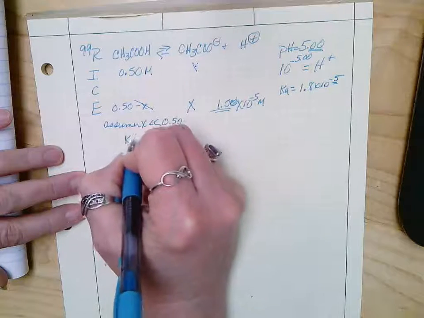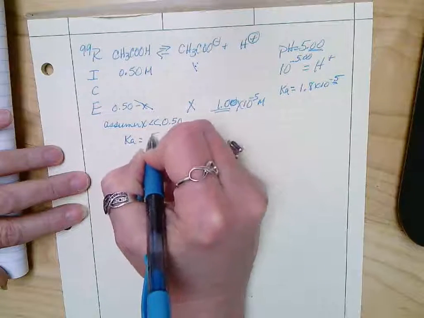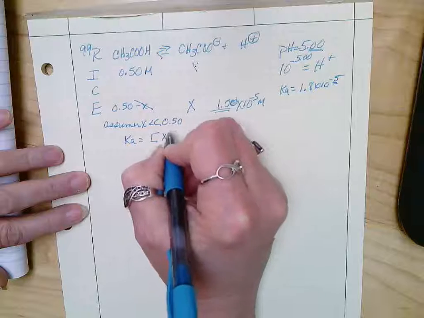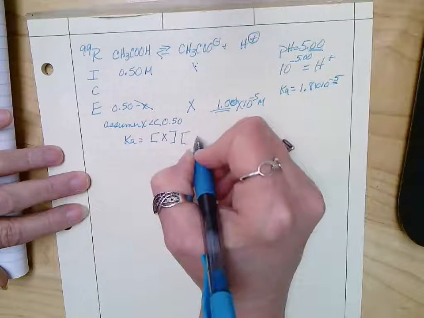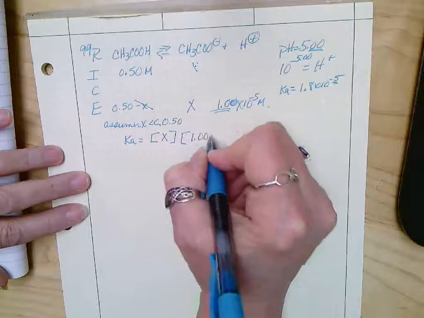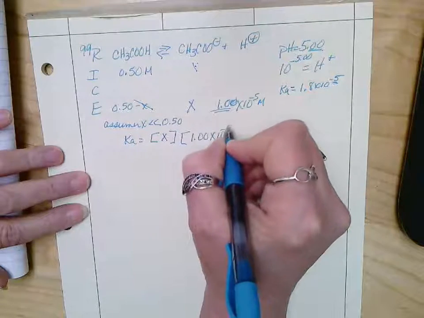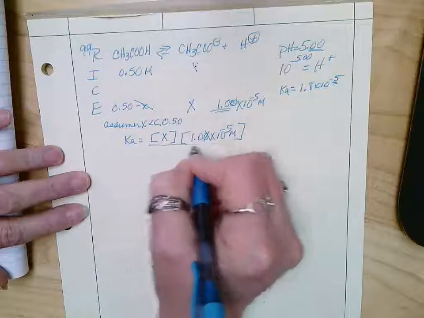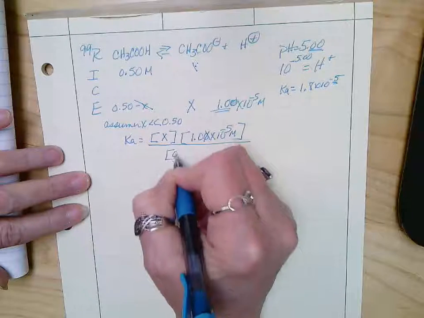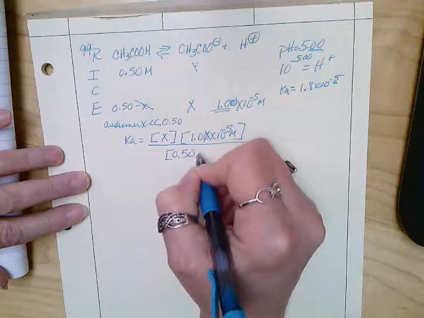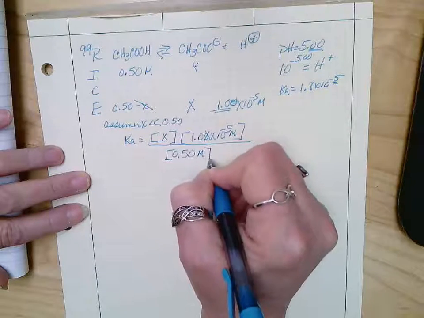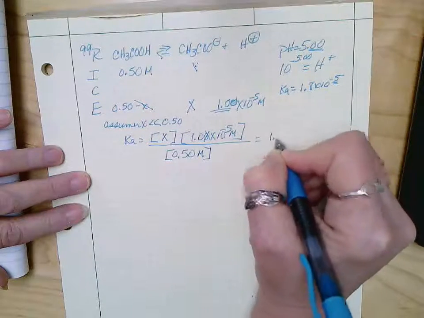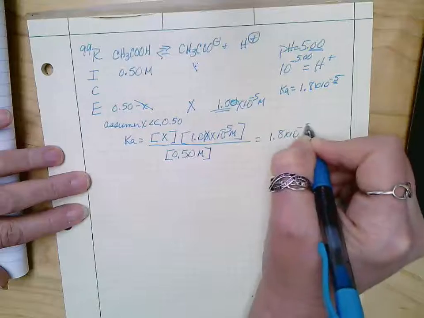And so my Ka is going to equal my acetate anion times my hydrogen ion, divided by the molarity of my acetic acid, and that's all going to equal 1.8 times 10 to the negative 5th.